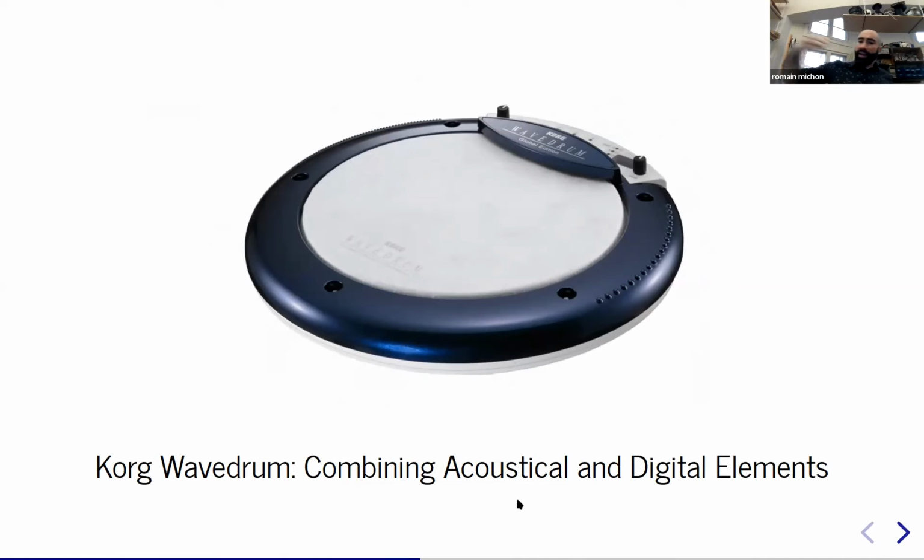Anyway, a little bit later, some companies started making more experimental things, and what you see here is the Korg Wave Drum, which is a very unique instrument. It was the first of its kind, and probably the last that actually made a product.